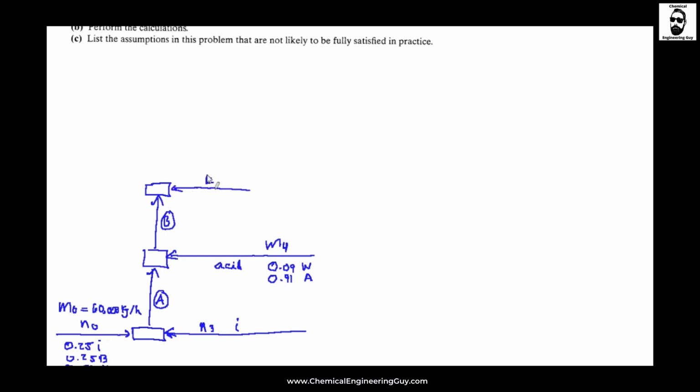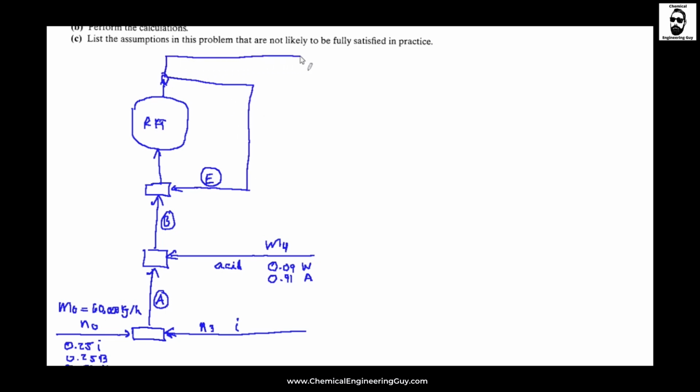Let's call it E because it's an emulsion recycle. And finally, once we mix everything, we can send it to the reactor. And once again, this is the emulsion recycle. And then the flow continues through the process.